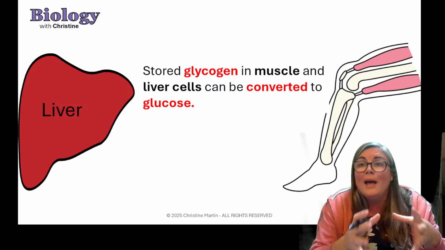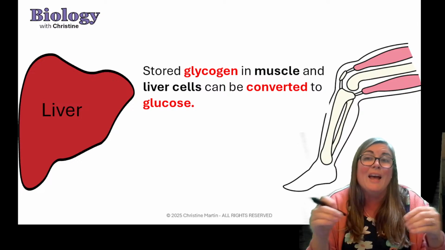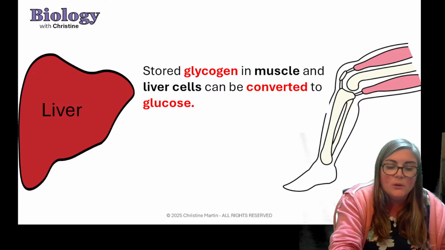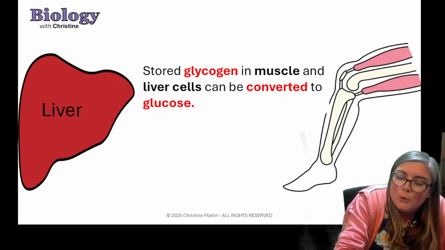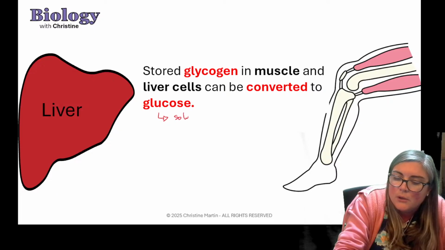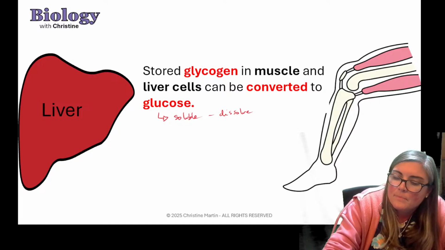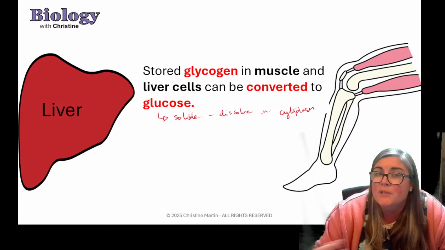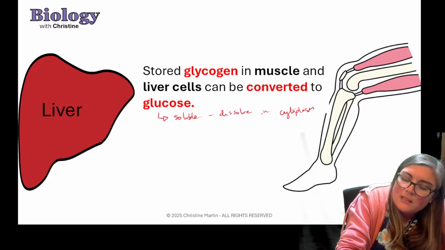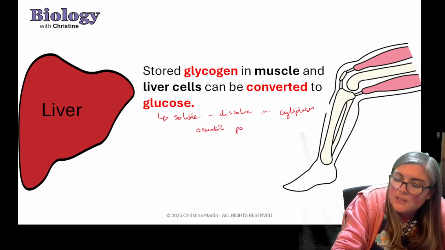And so what happens is we store glucose, but we can't store it as glucose. And the reason we can't store it as glucose, again, links to my lesson last week. If you understand that glucose is a soluble molecule, i.e. it can dissolve in the cytoplasm, what's going to happen is if glucose dissolves in the cytoplasm, it will affect the osmotic potential of the cell.